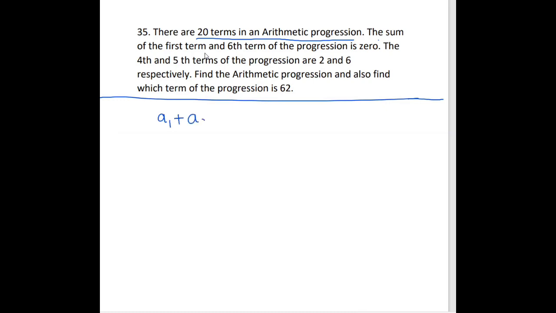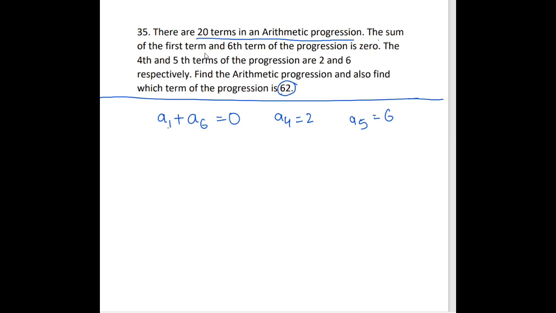Next, the fourth and fifth terms are 2 and 6. Fourth term is 2, fifth term is 6. Also find the arithmetic progression, and find which term of the progression is 62. Anyhow, first let us find the AP.